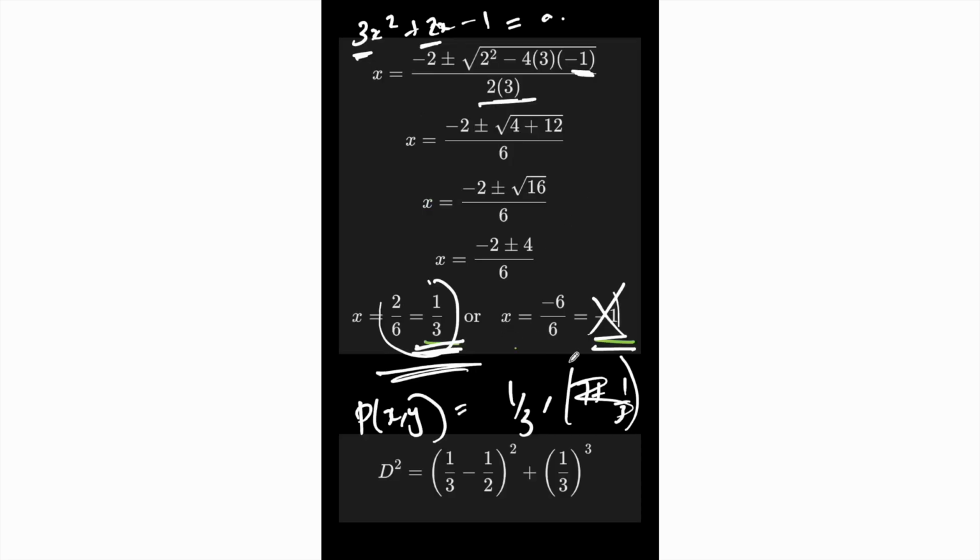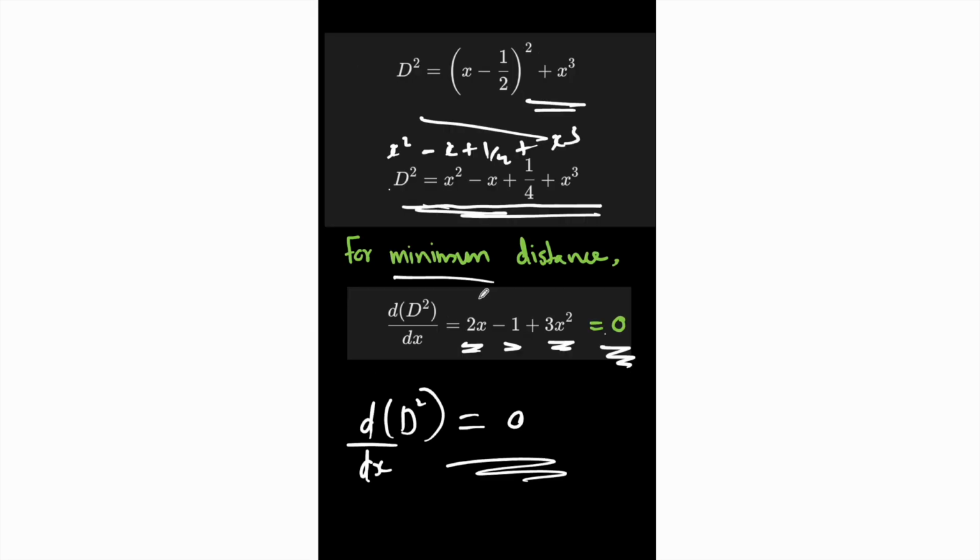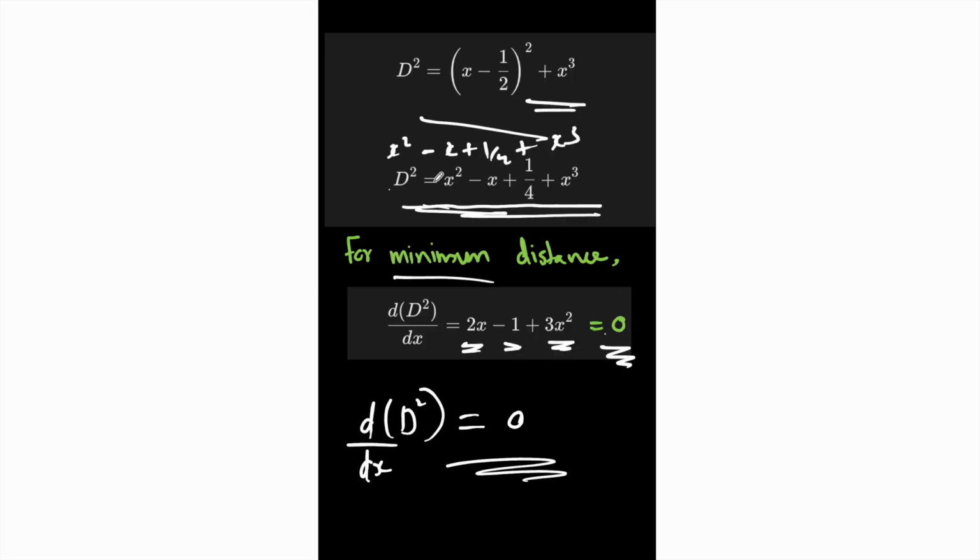So right now we just got x, the value of x is 1 by 3. Let's substitute that in the expression for distance. The expression for distance is this, or you can substitute it in D square.